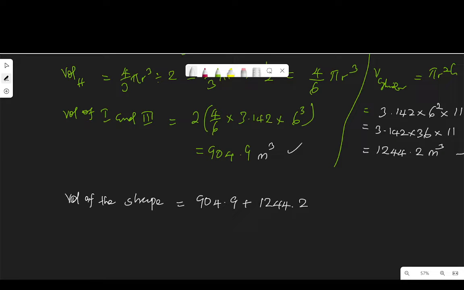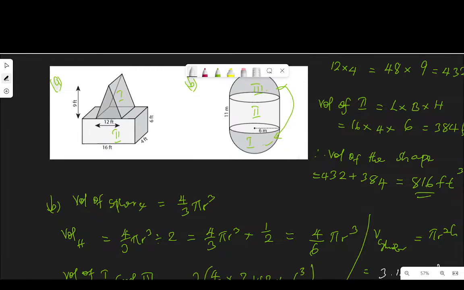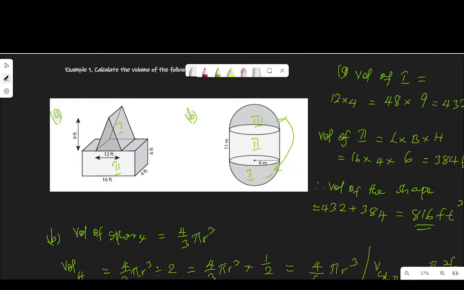Let's add them up. That is 2,149.1. 2,149.1 meter cubed is the volume of this compound shape here, shape B.